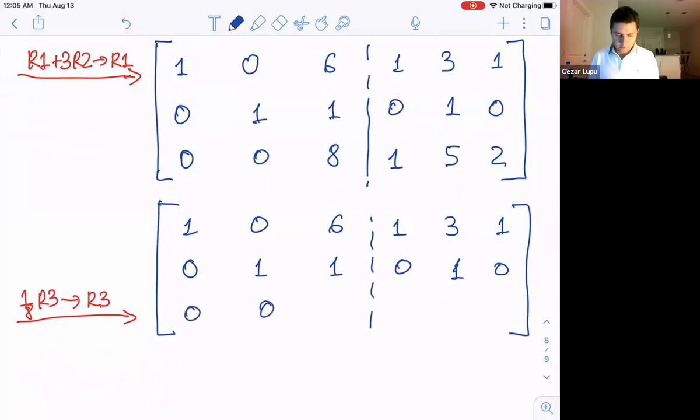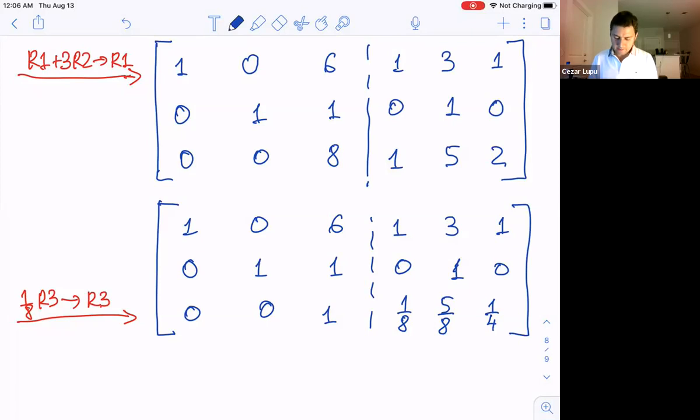We'll get 0, 0, 1. And here you have 1 over 8, 5 over 8, and 1 over 4. Okay, beautiful. But we're not done yet. There is one last thing we need to do.